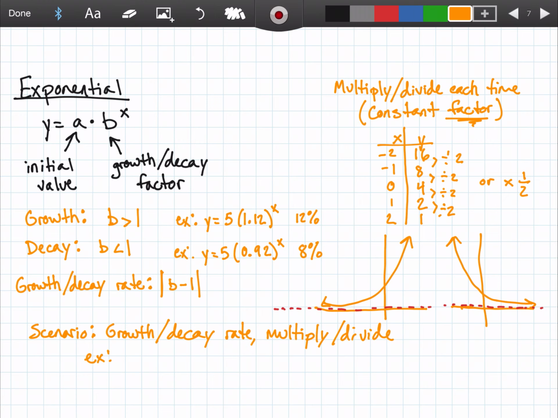So for example, if you have a bracket, like a sports bracket, and you eliminate 1/2 of the bracket each round, that's exponential because you're decreasing by 1/2 each time.